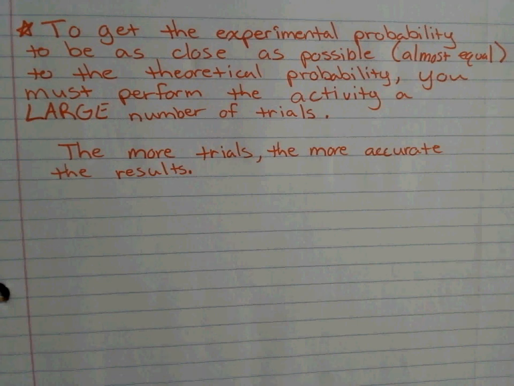In probability, it's the same idea. You have a probability, which is a fraction, and you're setting it equal to something that you're trying to predict. So probabilities can be used to make predictions.